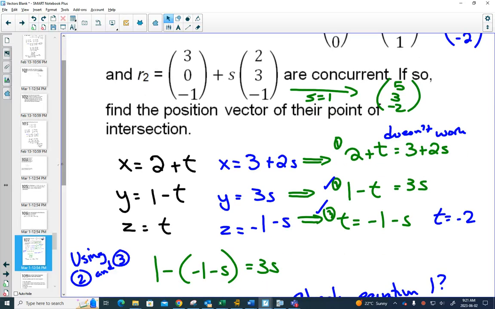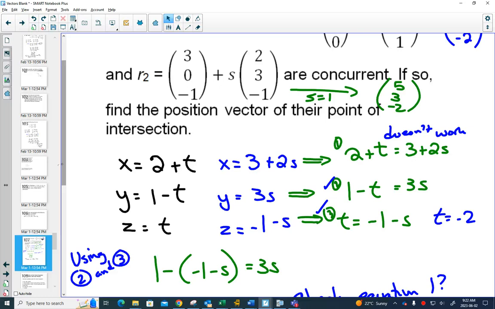So you have to be careful because when solving a system of equations, yes, you only need 2 equations and 2 unknowns to solve. But if you have a third equation, it also has to work, so you have to check, does that work in that third equation as well? So a couple of ways that you can check, right?